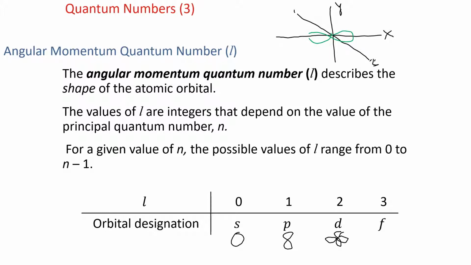We could have one on the y-axis. We could have one on the z-axis. So a p orbital will take a figure 8 shape. Those electrons in the p orbital will take on a figure 8 pathway on either the x, y, and z axes.